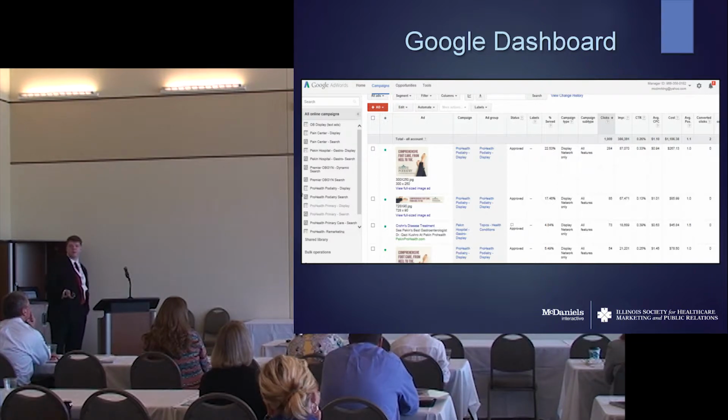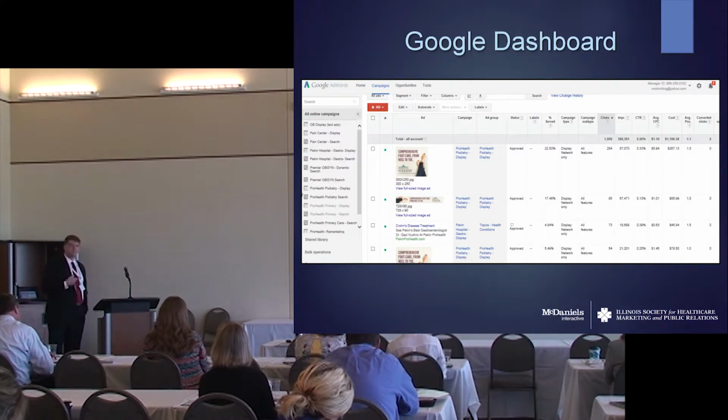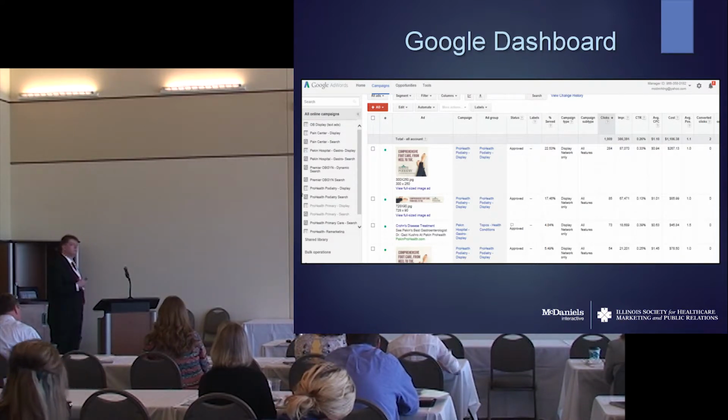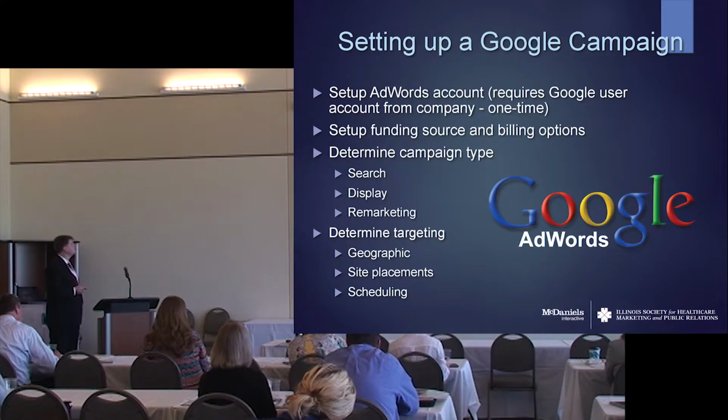So if you're running several campaigns, you can come back and look: well, this one's not performing. Why? Or if it's not performing, I'll pause that. I'll favor my budget towards something that is performing. You have a much greater level of control on your ad results now, and you can really get under the hood and fine-tune your campaigns.